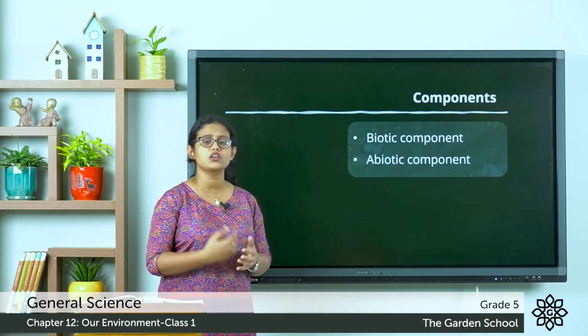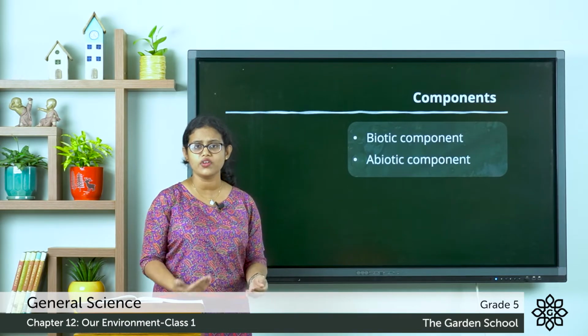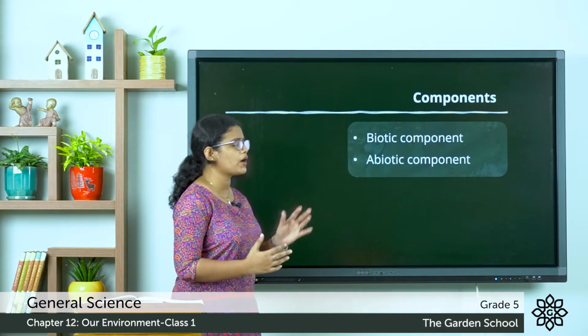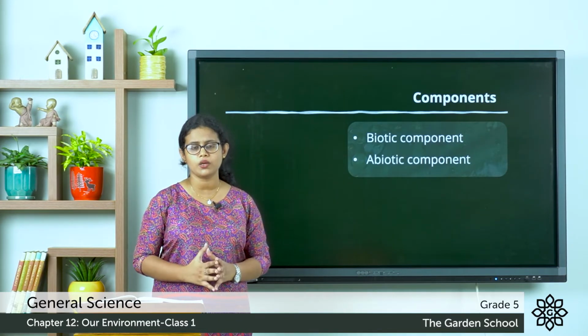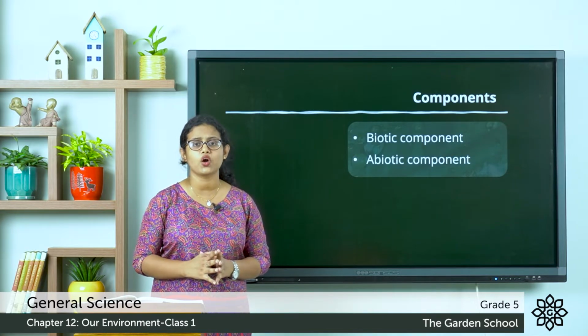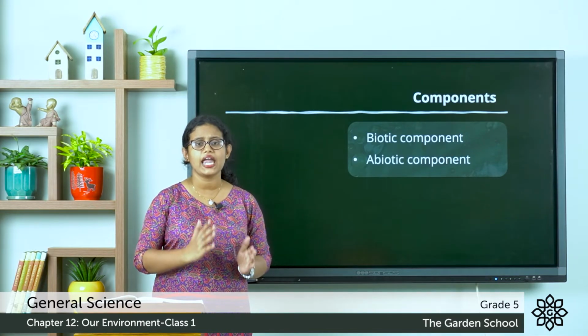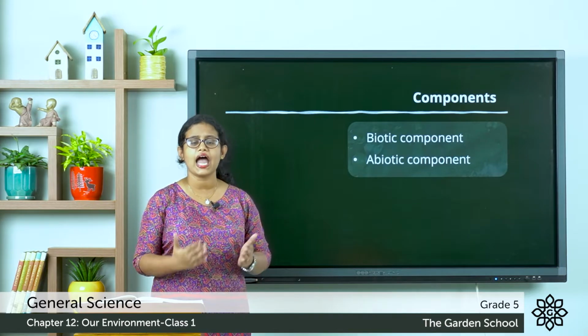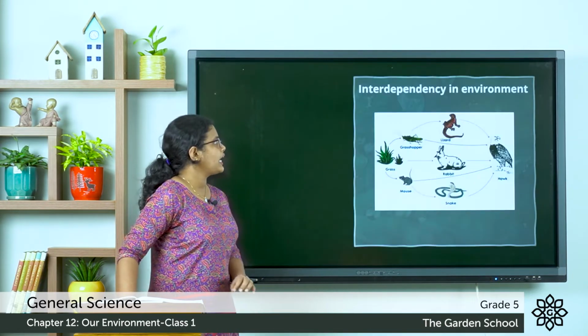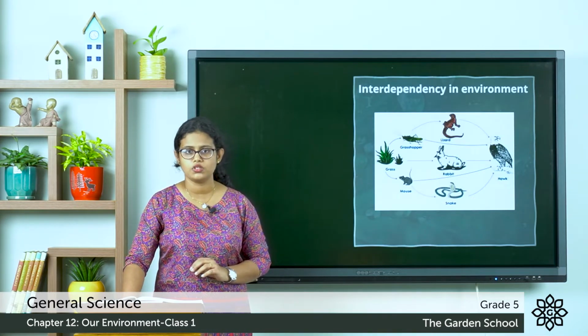And abiotic component means all non-living things, that is air, water, soil, all these are abiotic components. So an environment includes both biotic as well as abiotic components, which means it includes both living as well as non-living components.